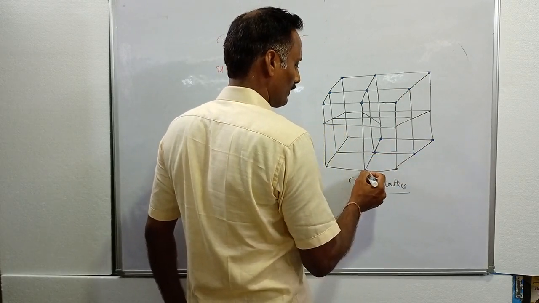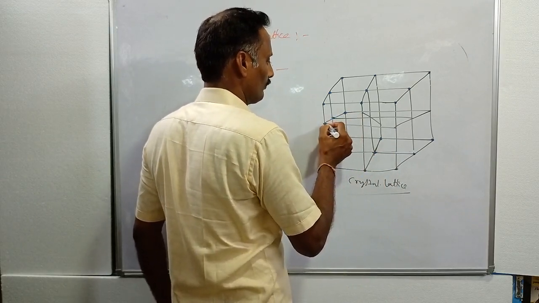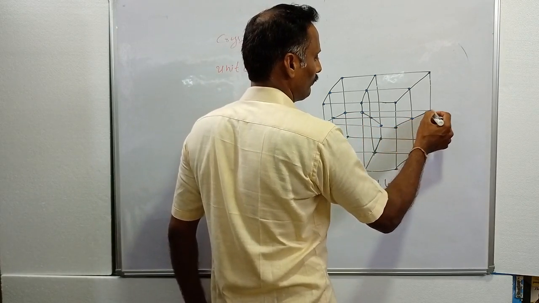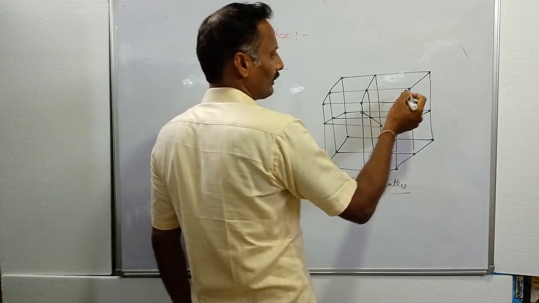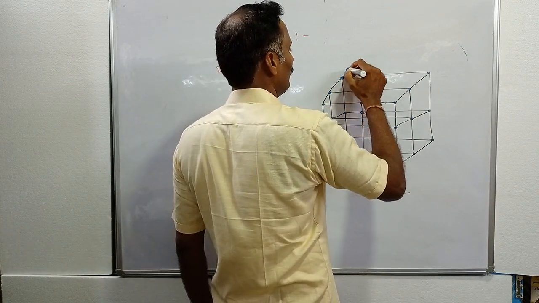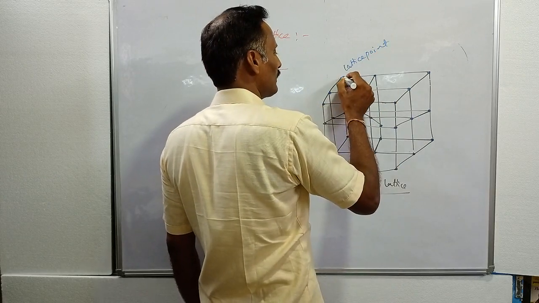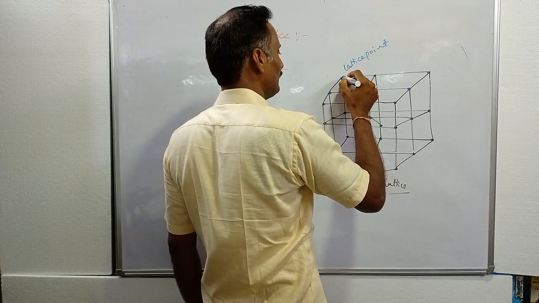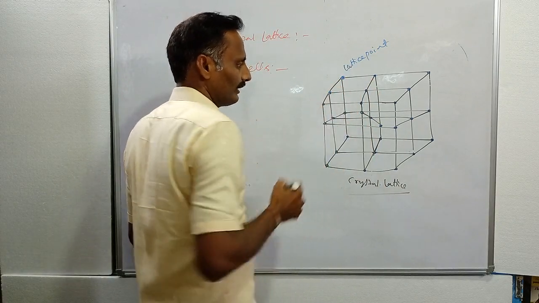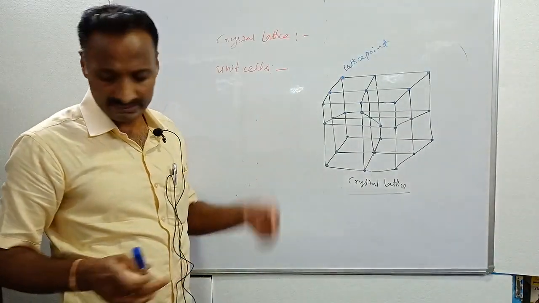These are called constituent particles. Each lattice point is considered as one atom, and these lattice points are occupied by the constituent particles, that is atoms or molecules or ions.